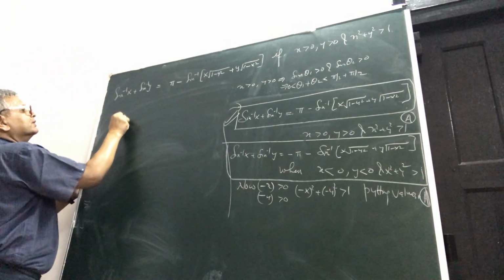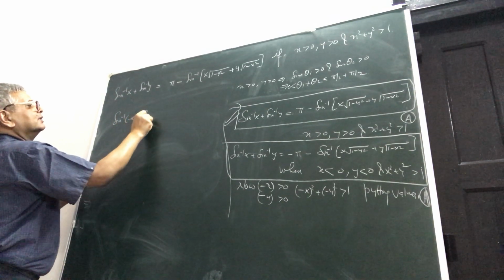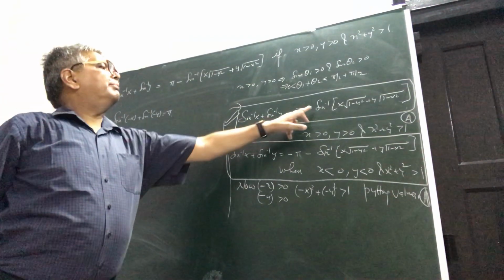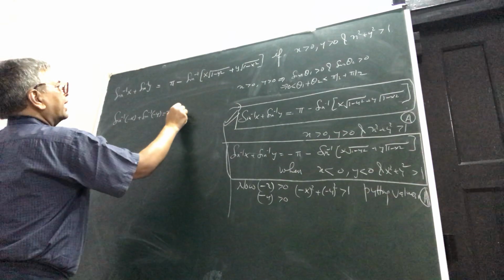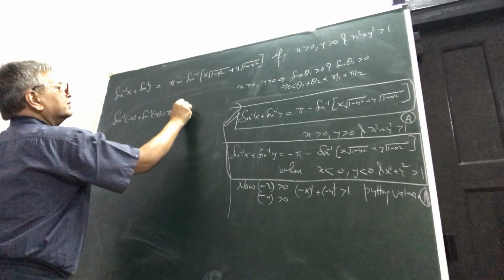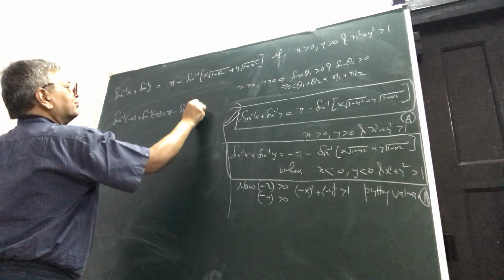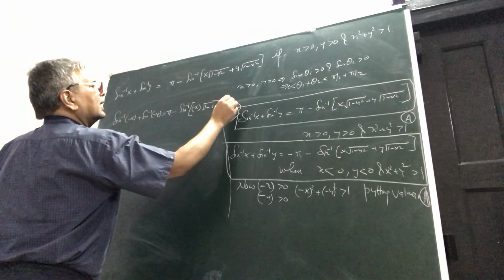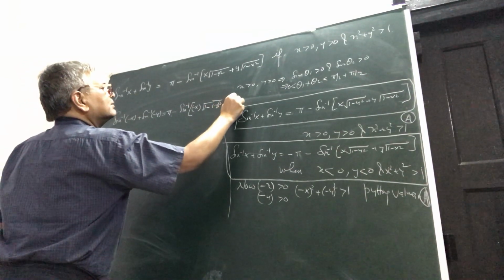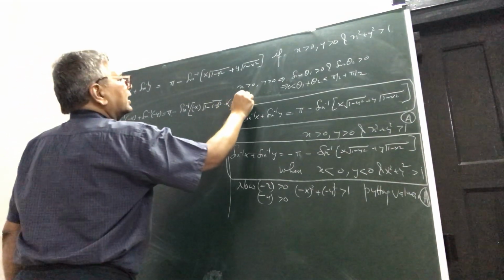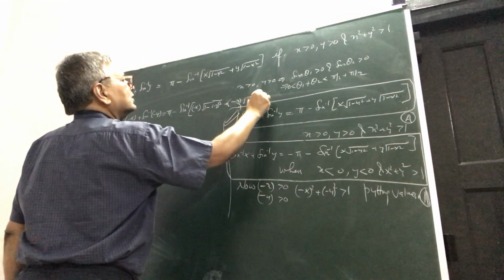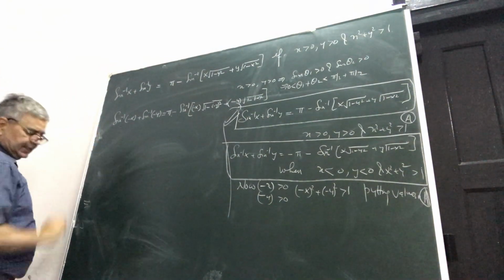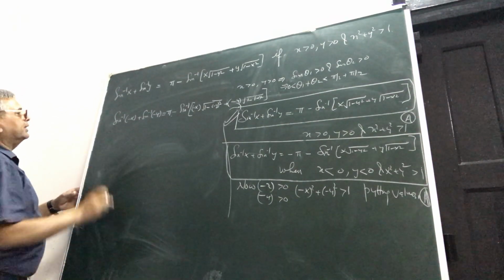Simply sine inverse of minus x plus sine inverse of minus y is equal to pi minus sine inverse of, in place of x, I will write minus x under root 1 minus (minus y) whole square, plus then y is minus y, under root 1 minus (minus x) whole square. Close it. So this becomes sine inverse of minus x. You use the property here.